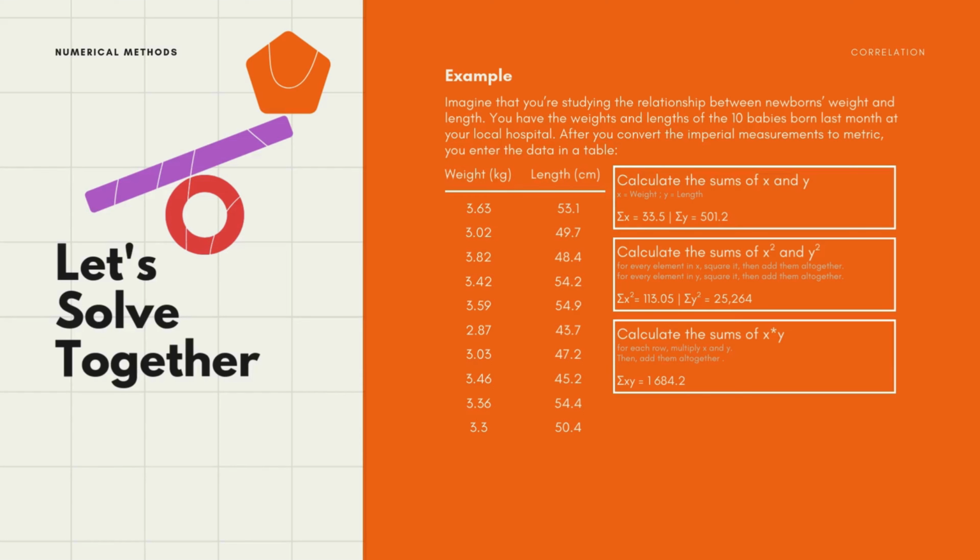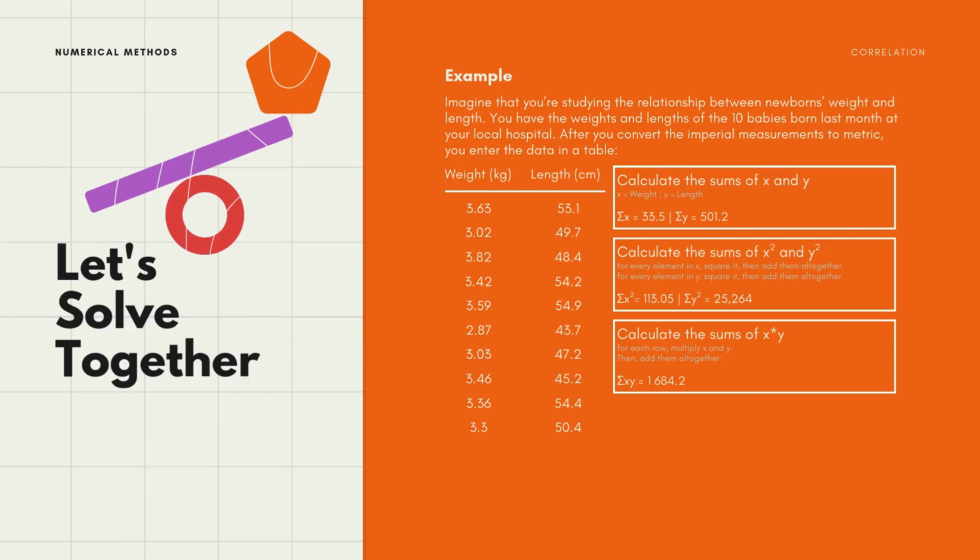For weight, the data entries are 3.63, 3.02, 3.82, 3.42, 3.59, 2.87, 3.03, 3.46, 3.36, and 3.3, all measured in kilograms.